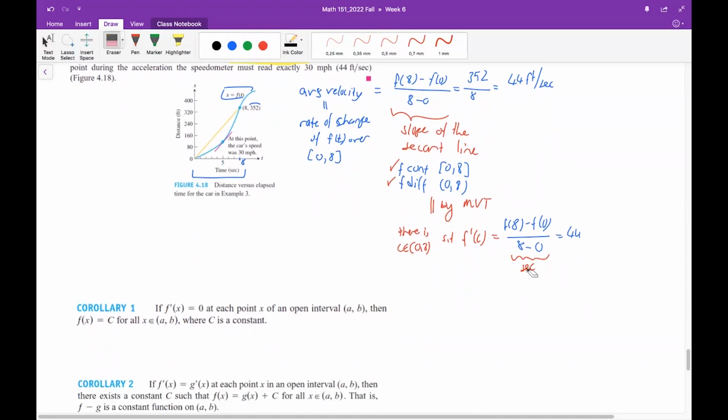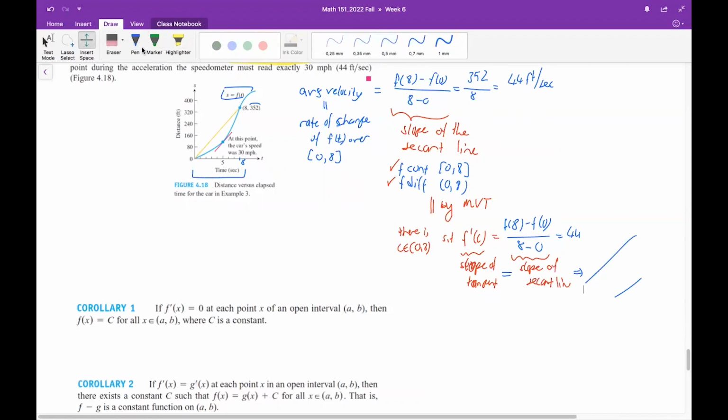Here, this part is the slope of the second line, where the left-hand side gives us the slope of the tangent line. And the left-hand side is in fact the slope of tangents. Since their slopes are the same, we understand that the tangent line and the second line have to be parallel lines, okay?